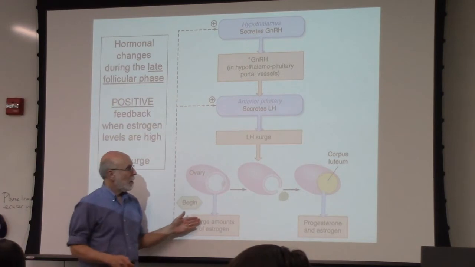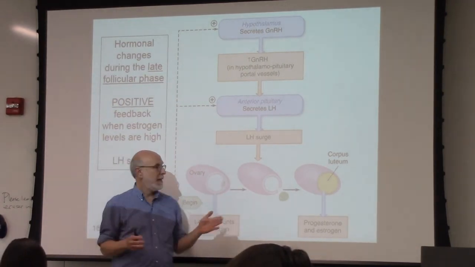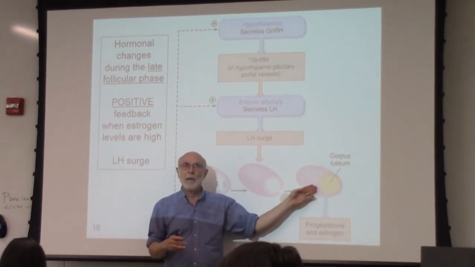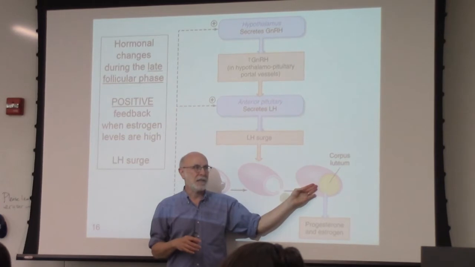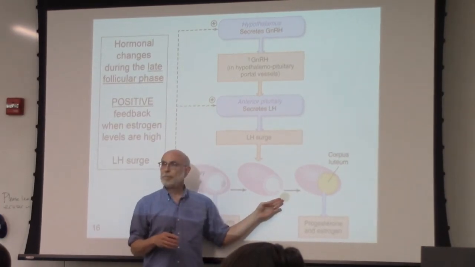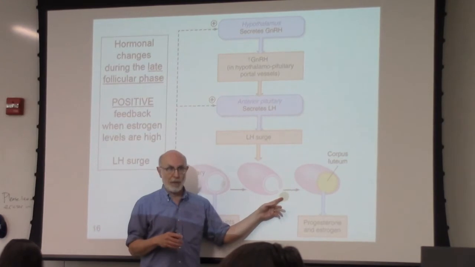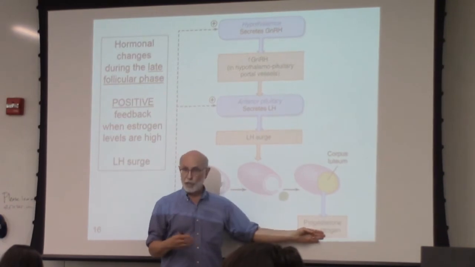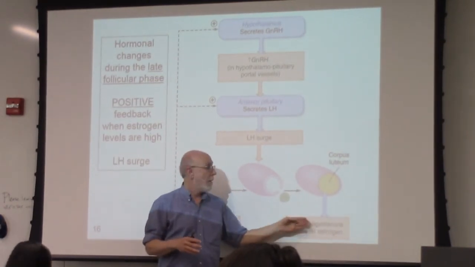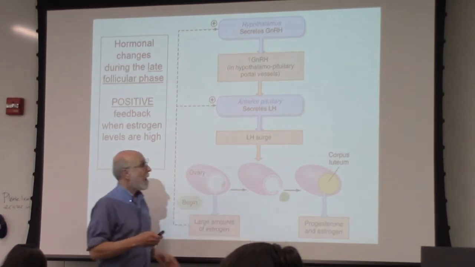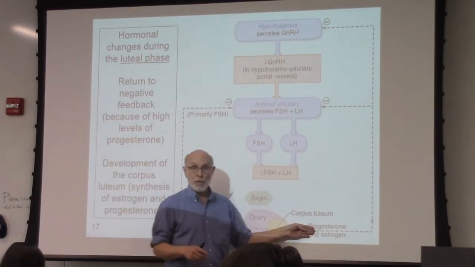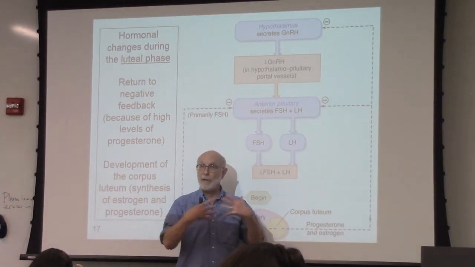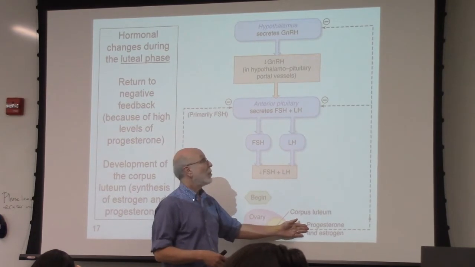Okay, so now what terminates this surge is progesterone. The corpus luteum, the structure of mostly granulosa cells left over after ovulation of the oocyte and the corona radiata, produces large amounts of estrogen, as it did before, but also progesterone. Now we've got a new hormone in the mixture of hormones, the progesterone and estrogen.